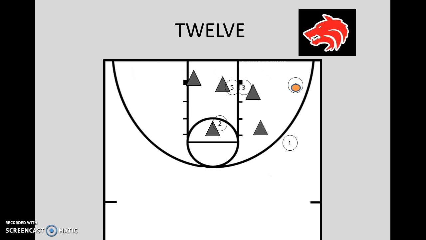Now you'll notice in this animation, and this is the last look for the play, 2 has stepped in and will do what we call sort of sealing that backside high defender, putting himself in a position where he's opened his body up towards the basket.